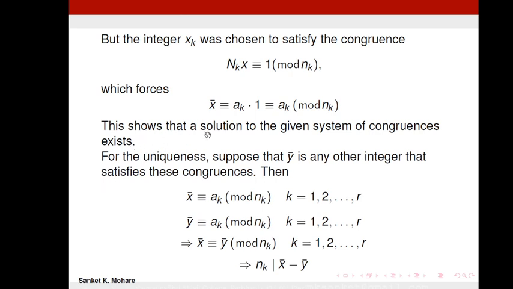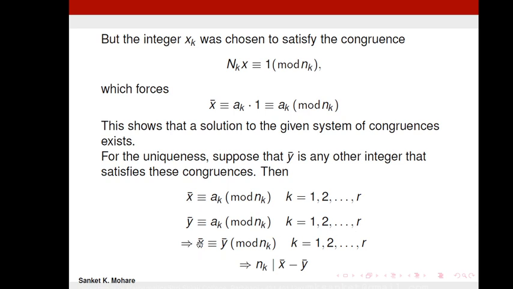Now we have to prove that whatever solution exists is unique, means we have to prove uniqueness. For the uniqueness, suppose that y bar is any other integer that satisfies these congruences. So x bar is congruent to a_k mod n_k for k varies from 1 to r, and y bar is congruent to a_k mod n_k for k varies from 1 to r.